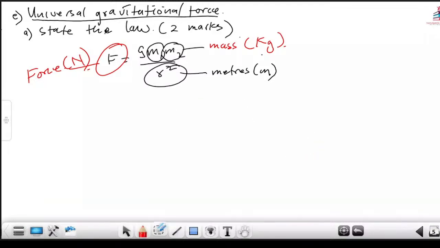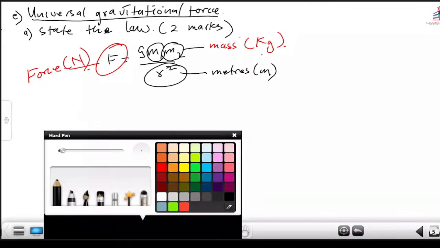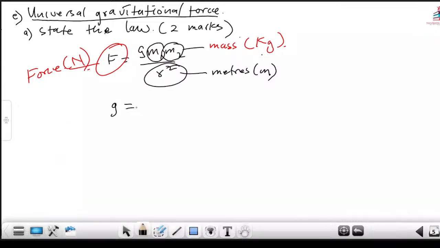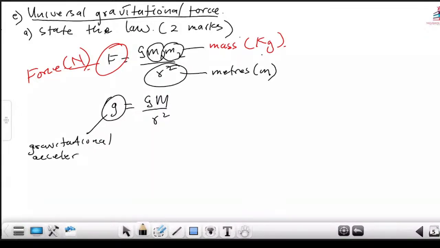This equation is g equals GM over r squared. This one allows us to have the gravitational acceleration. This gravitational acceleration is measured in meters per second squared.